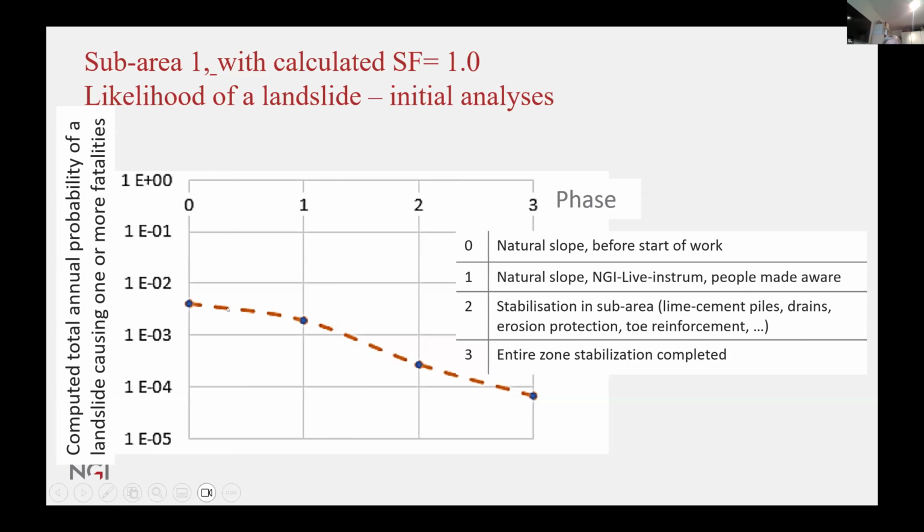It's usual for natural slopes. And then first we instrumented the area, and then we informed the people that you cannot dig a hole and you cannot put a fill on top of a slope, making the people more aware, because many of the landslides in Norway are caused by human action.